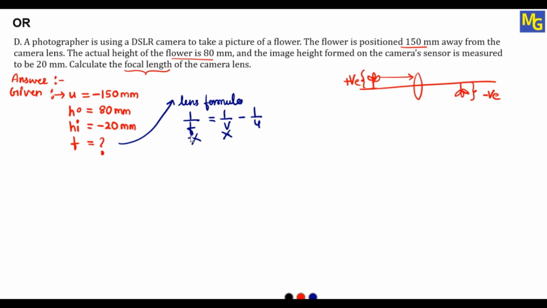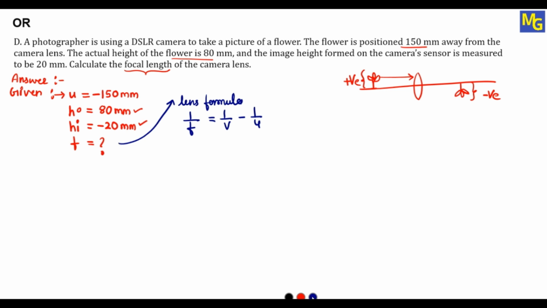So the first thing you have to do is find the answer for V, that is the image distance, and then you can find the focal length using this V. And to find the value of V, we are going to use the values of image height and object height, that is by finding magnification.